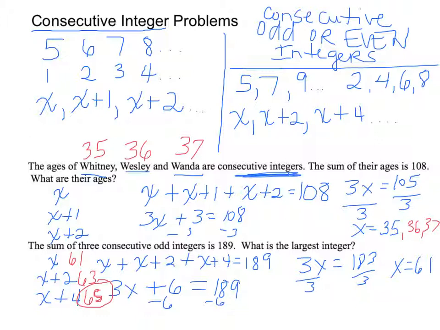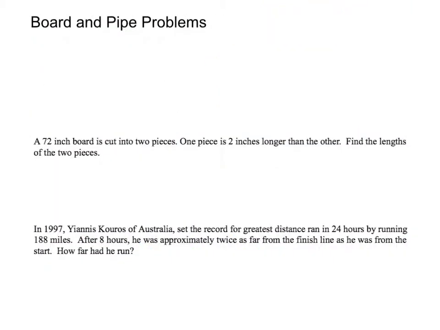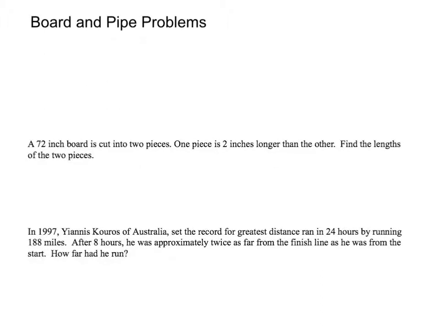All right, let's take a look at another kind of problem. Another type of problem are problems that I like to refer to as board and pipe problems. In a board or pipe problem, what you have is a distance or a length. And you're going to have a total, then you cut the distance or the length into two parts.